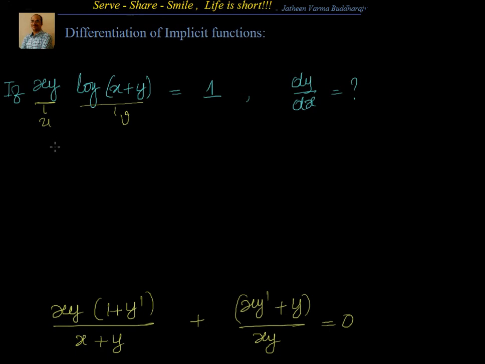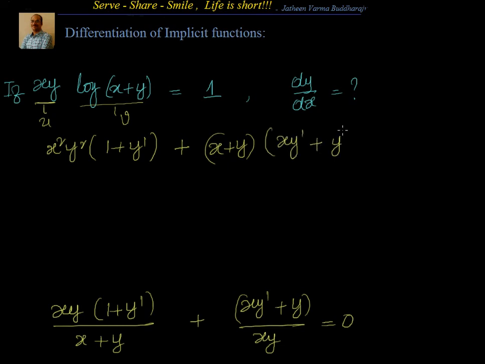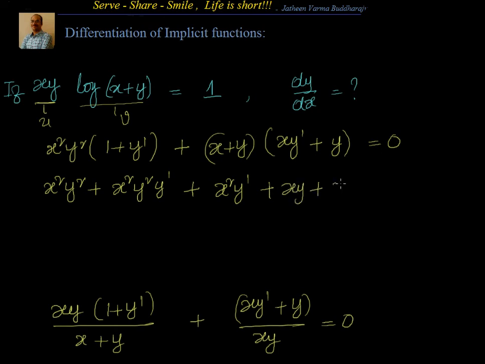Next step, we will take the LCM and say x square y square into 1 plus y dash plus x plus y into xy dash plus y equal to 0. Simplifying that, we have x square y square plus x square y square y dash plus x square y dash plus xy plus xy y dash plus y square equal to 0.